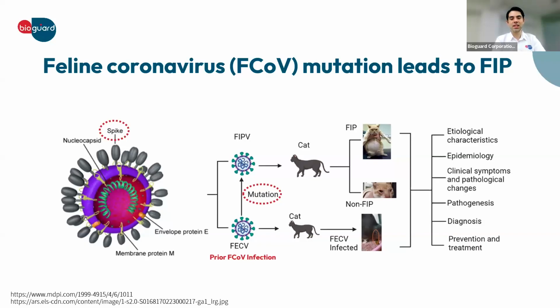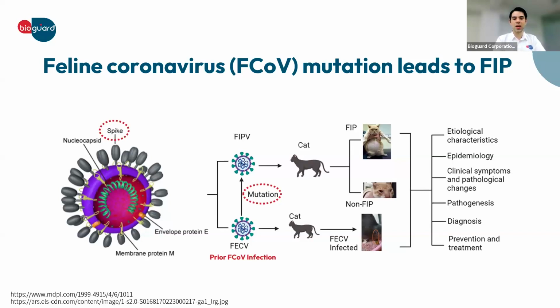However, it can still enter the body of the cat through the lymphatic system, and later on still be eradicated by the immune system or the formation of antibodies by the cat's body. However, sometimes, in 10% of the cases, a mutation occurs in FCoV, which then begins to form FIPV.